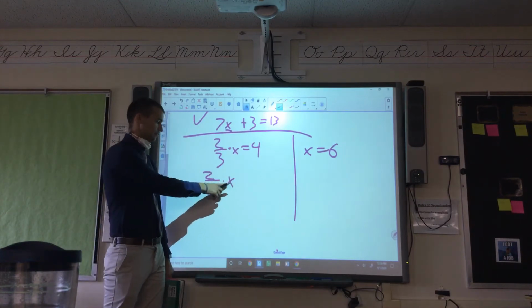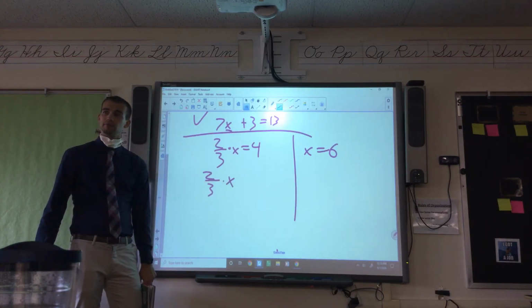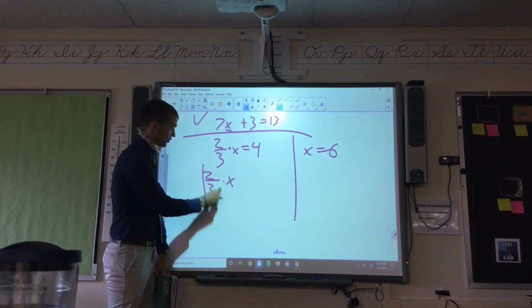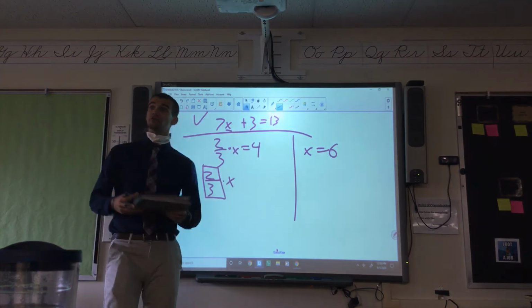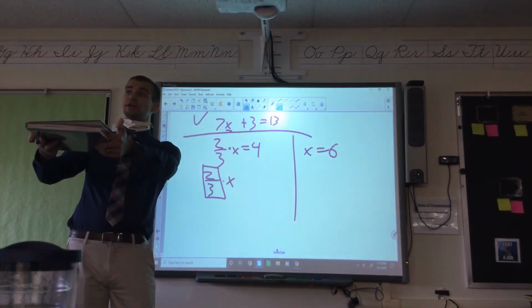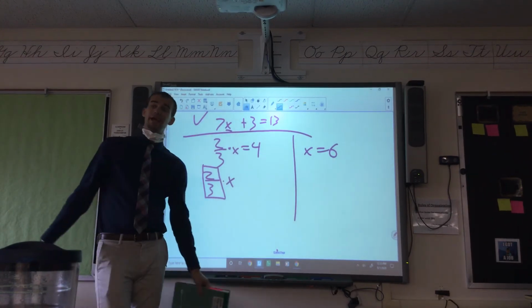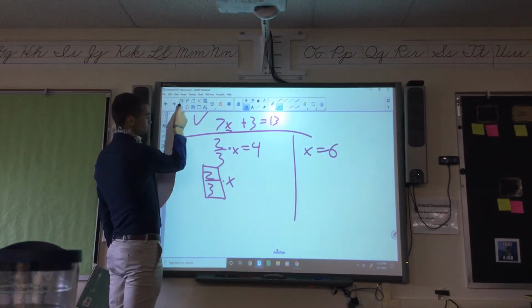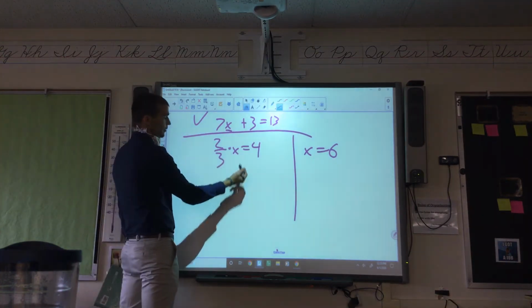So x is being multiplied by the fraction 2/3, because you can multiply something times fractions. If I said, hey, here's 3 whole pizzas, and I said multiply them by half, then you would multiply all of them in half. So here, you have 2/3 being multiplied by x.